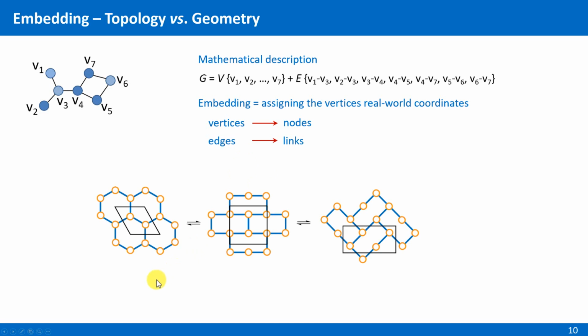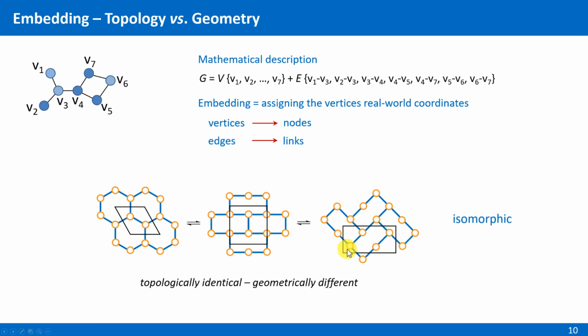Look, for instance, at these three variants of a uninodal three-coordinating net. All these variants can be transformed into each other without breaking or reconnecting links. Hence, they are isomorphic. But what is different is their symmetry.